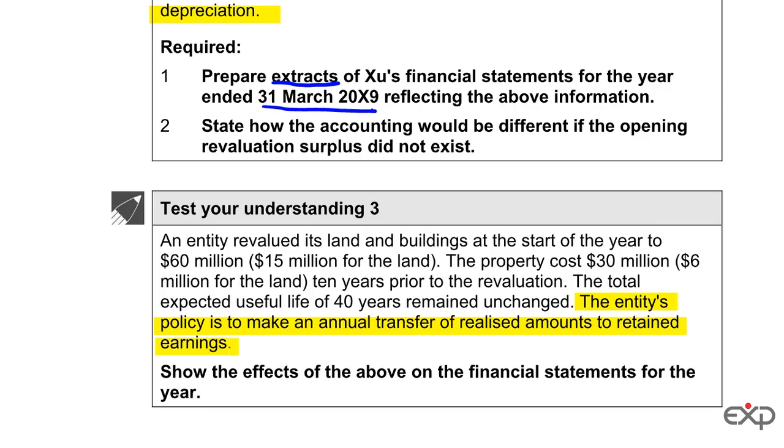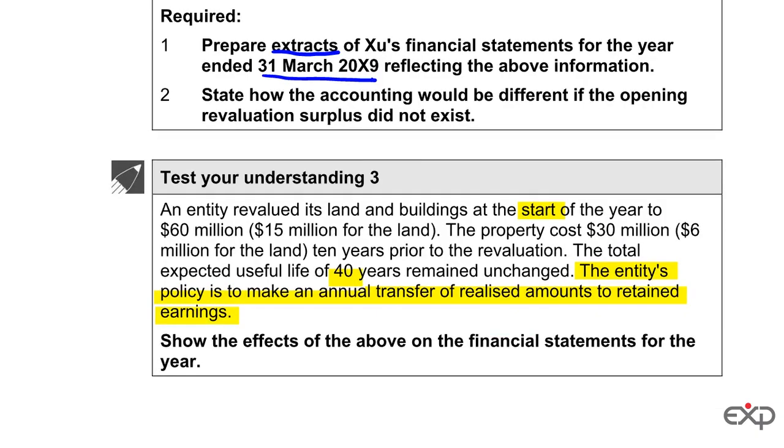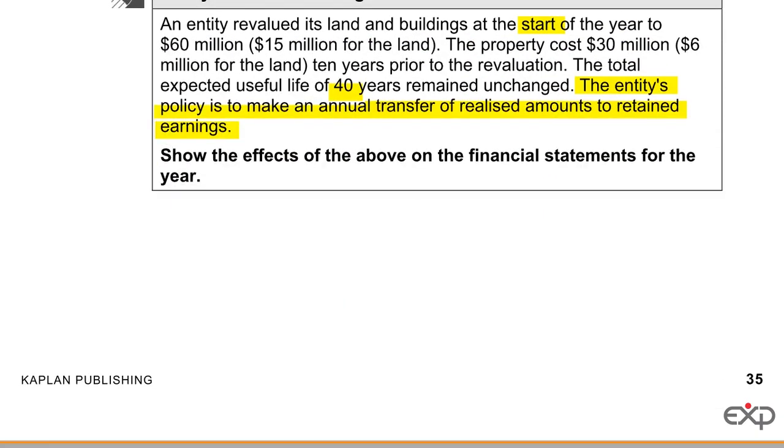Now, in this example, I'm told that I've revalued my buildings at the start of the year to 60 million with 15 million for land. The property had cost me 30 million and 6 million for the land. The total expected useful life of 40 years remains unchanged, and I've got to show the effect on the financial statements.